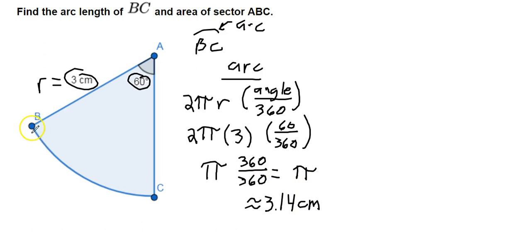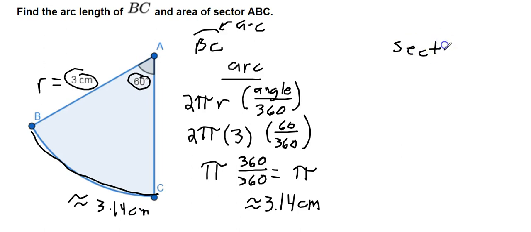That would say that this length here, if I took a piece of string and ran it right on the outside here, is going to be about 3.14 centimeters. Let's take a look at the sector now. Sector is real similar. We're going to use a very similar formula to the one we used for the arc.